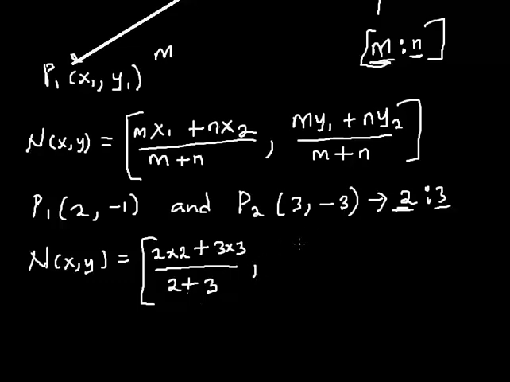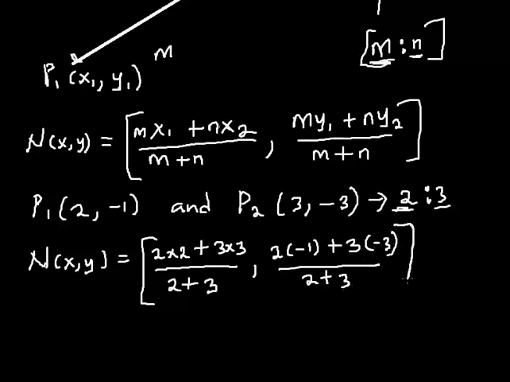For the other one, that's going to be 2 times y1, where y1 is minus 1, then plus 3 times y2, which is minus 3, still divided by the sum, 2 plus 3.